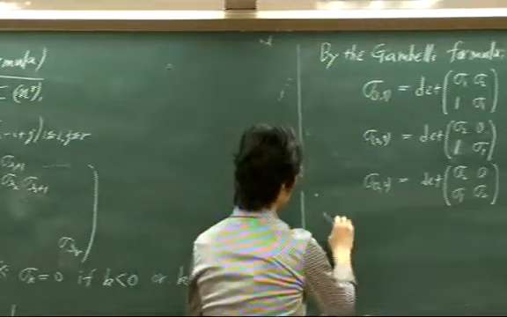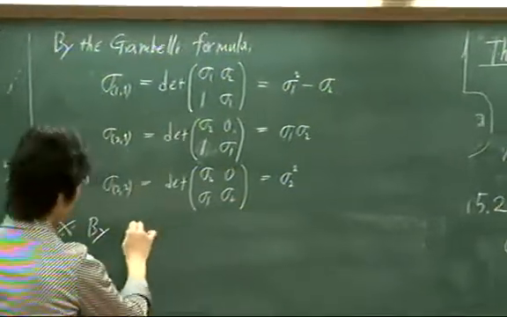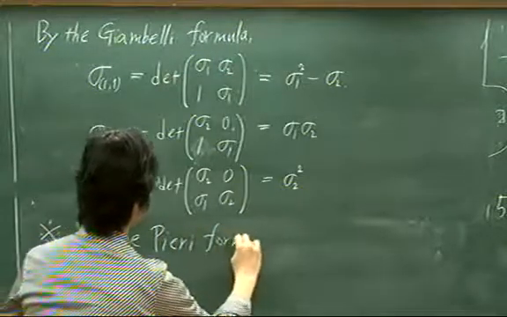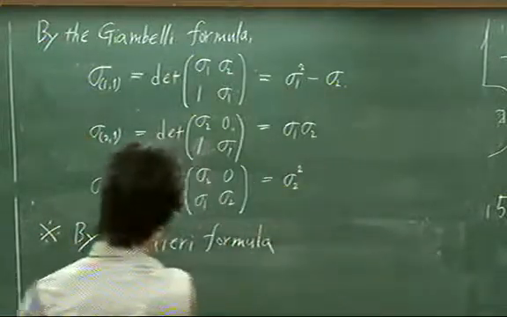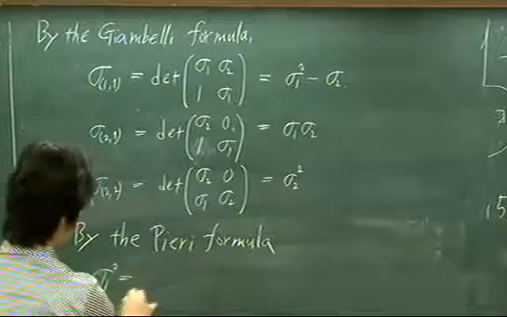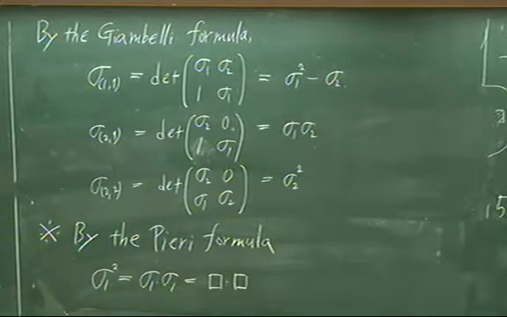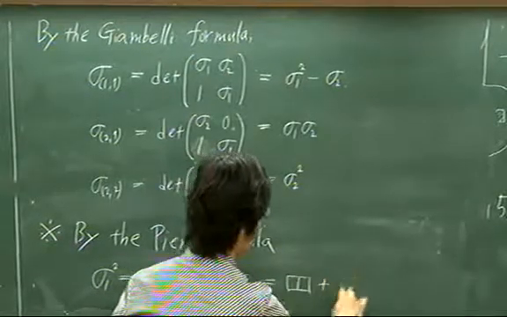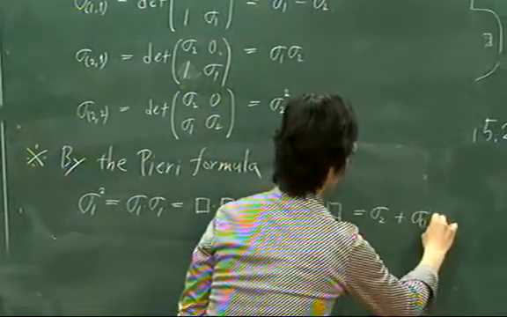Well, note that we can deduce this formula also using the Pieri formula. By the Pieri formula, the square of sigma 1 is sigma 2 plus sigma 1,1.